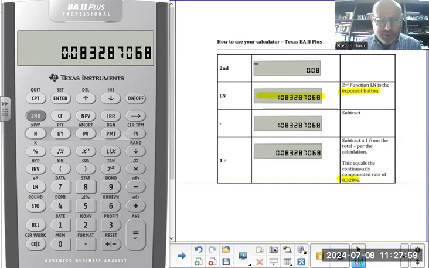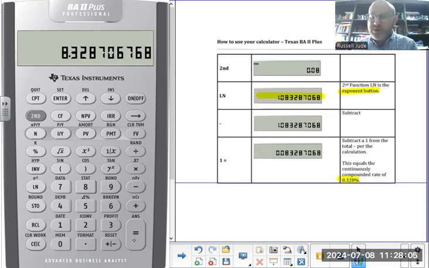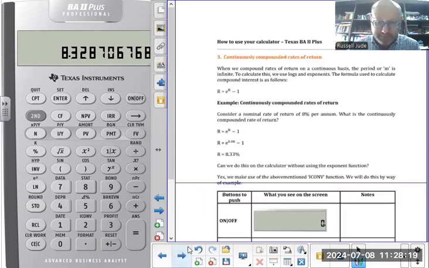That is, in fact, 8.3%. If you want a percent from that, you can just multiply by 100, and there is your 8.328% continuously compounded interest rate. Really, that last little bit was just to show you a bit of manual calculator work, to show you how to do it on the calculator.